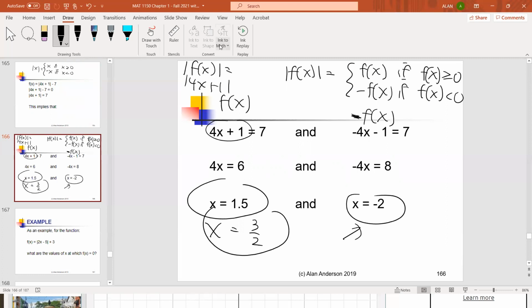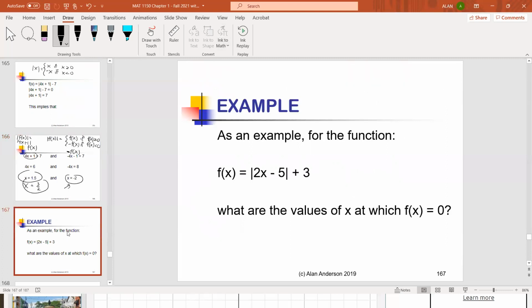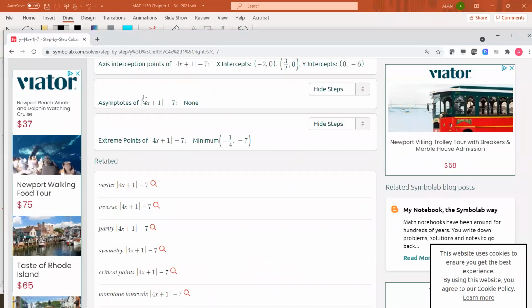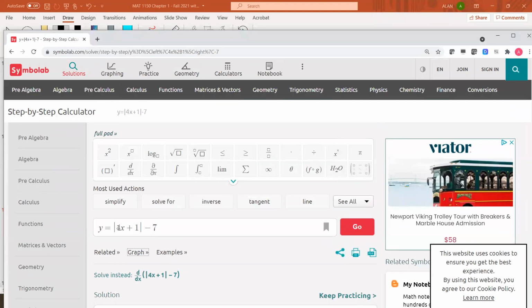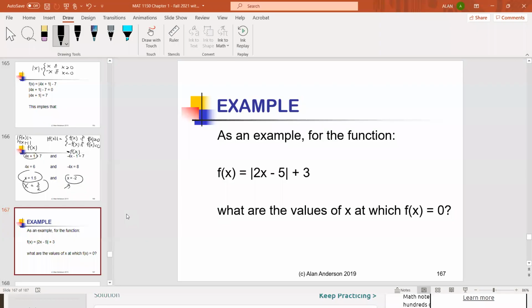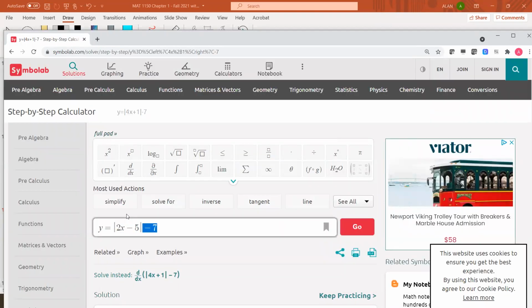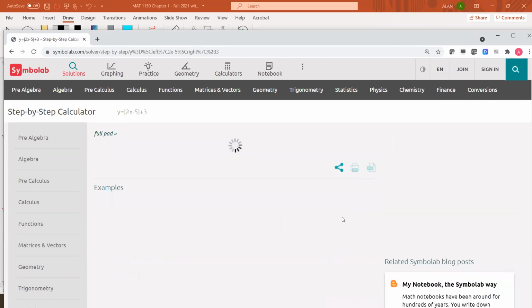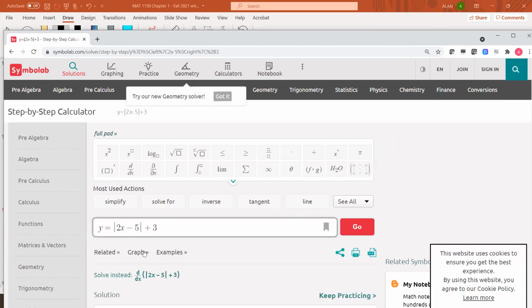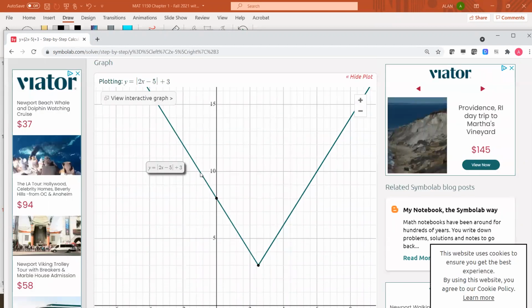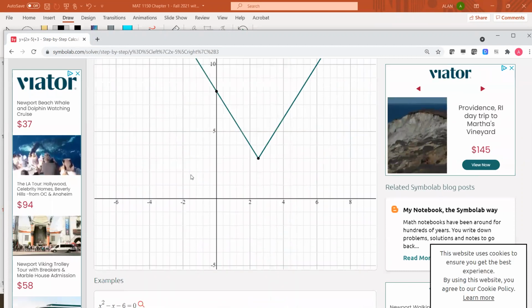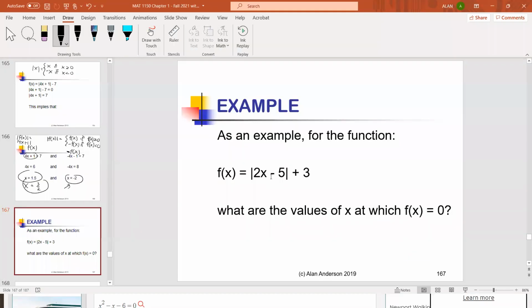Okay, so let's do another one of these. So I'll show it to you on the graph. Absolute value of 2x minus 5 equals 3 or plus 3. So we'll take a look at it. And let's see, right here, you can see, oh, now this is awkward.